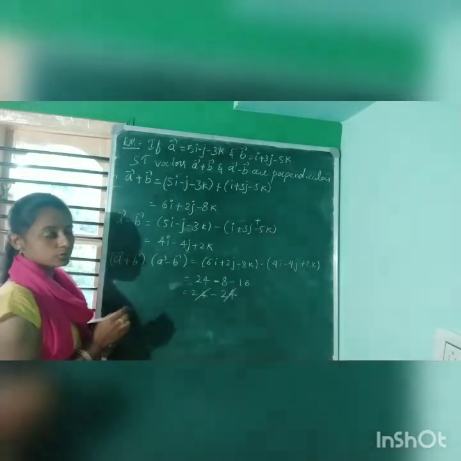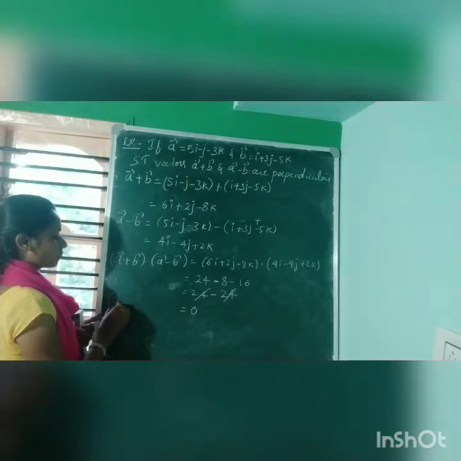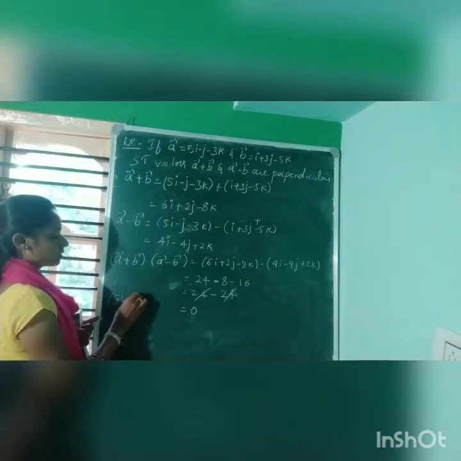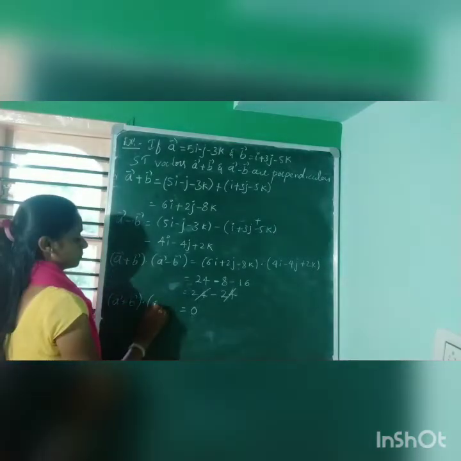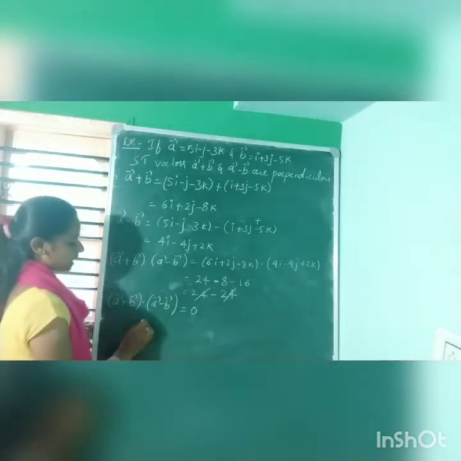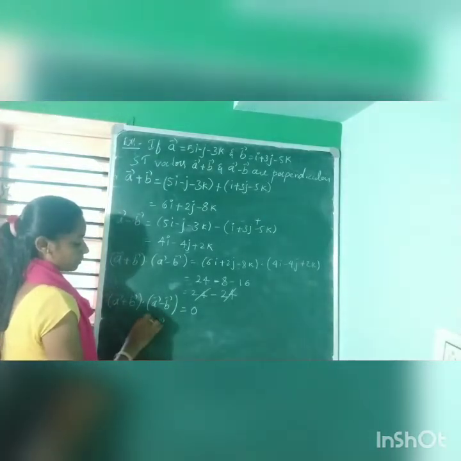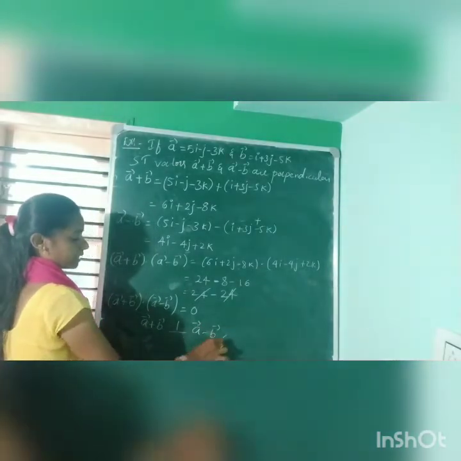Just cancel out those two and this is 0. So if the dot product of any two vectors is 0, then we can say that those two vectors are perpendicular. So with the help of that condition, we can say that vector A plus B is perpendicular to vector A minus B.